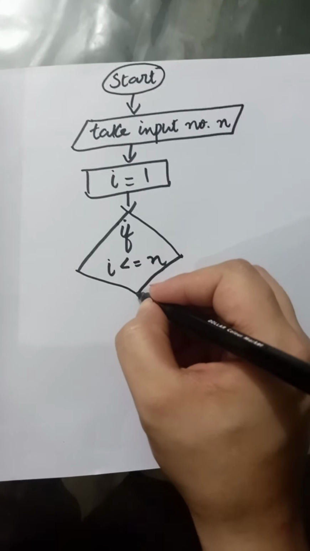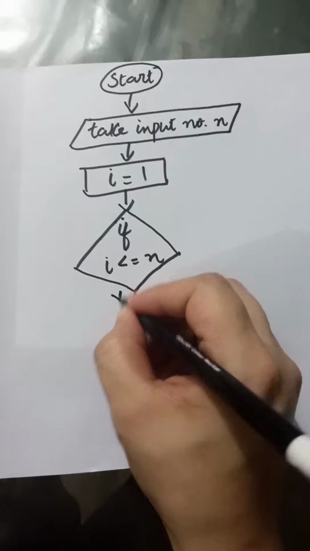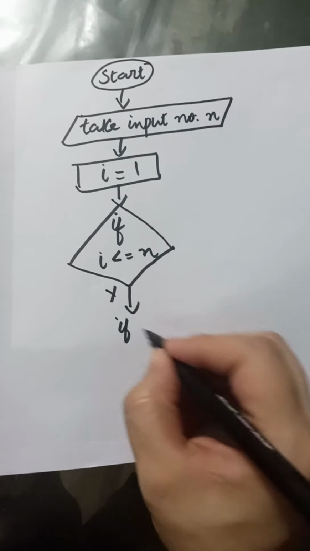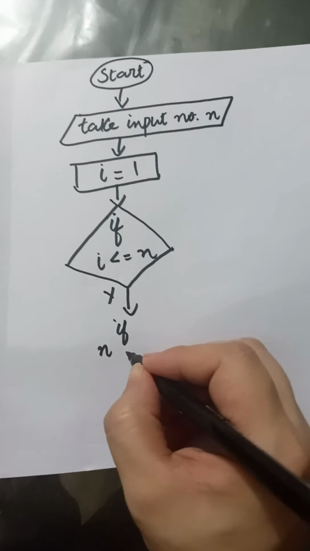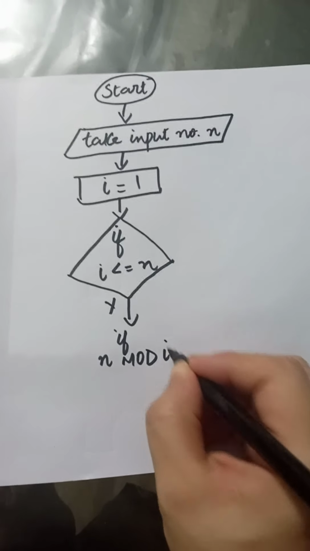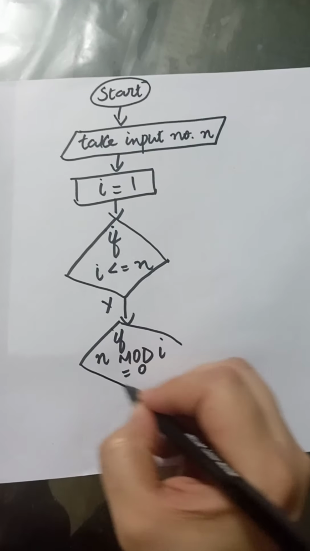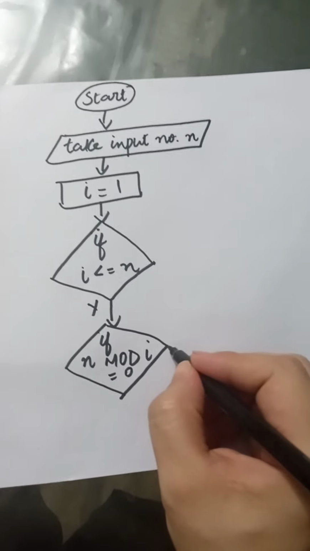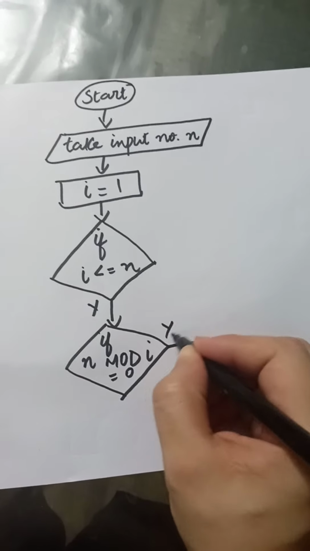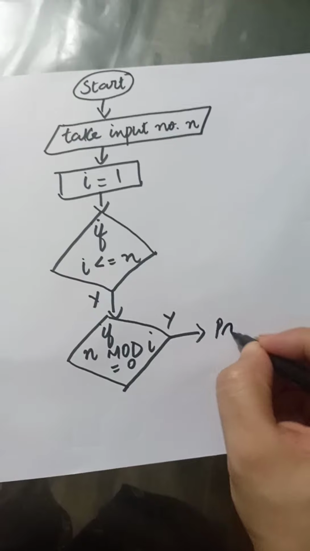If I is less than or equal to n and it comes out to yes, check the modulus of the input number with I and check if it is equal to 0 or not. If it is equal to 0, that means it is a factor of the input number. Just print it out.